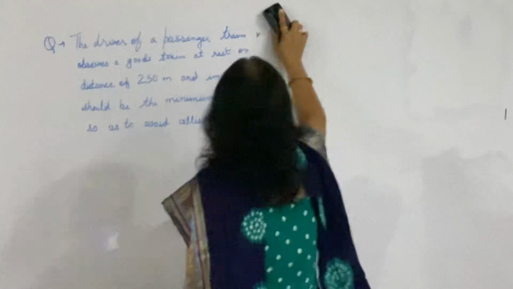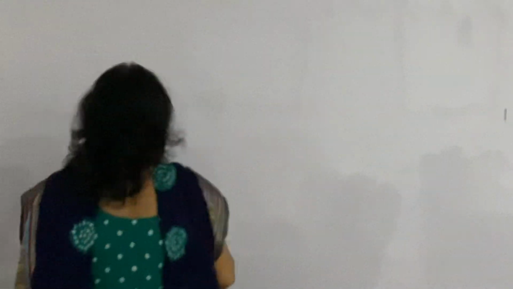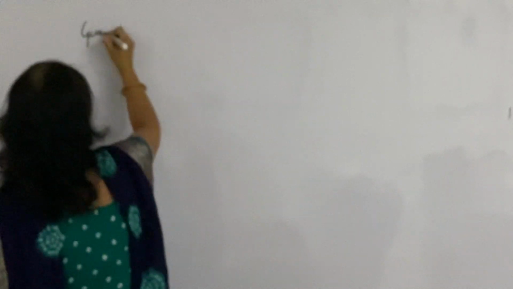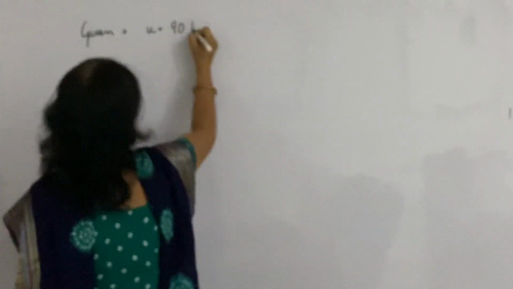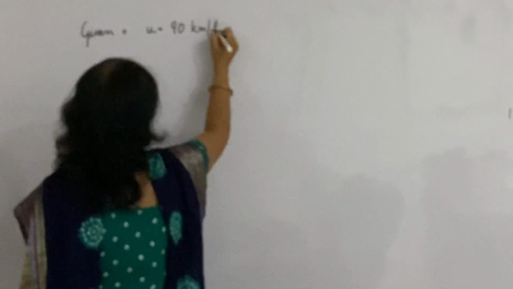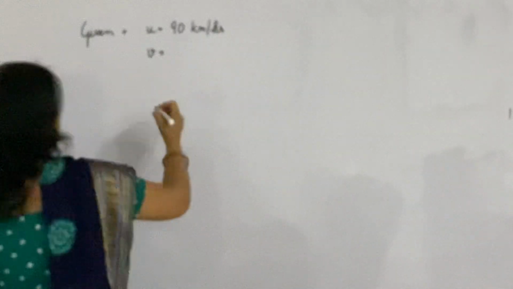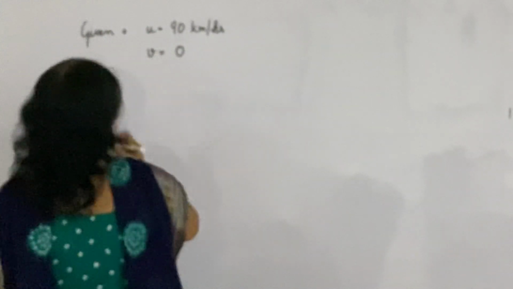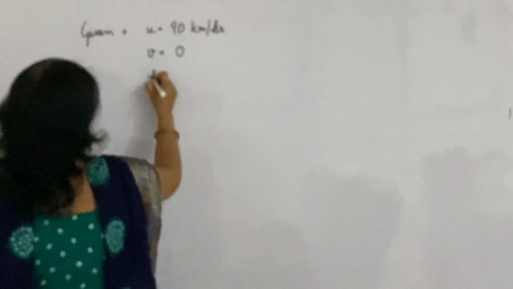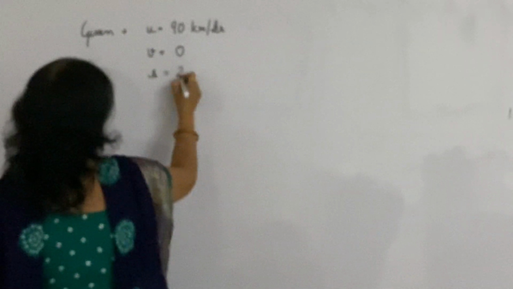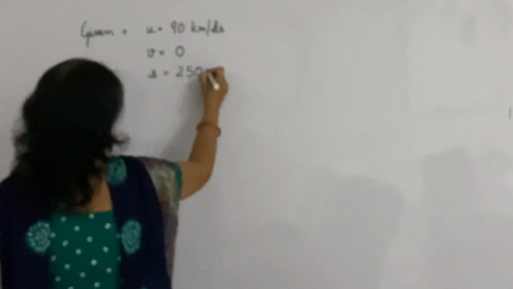The values given are: initially the passenger train is moving with a speed of 90 km per hour. So given is u is equal to 90 km per hour, and after applying the brake the passenger train comes to rest, and the final velocity is 0, and the distance or the displacement, we can say, is given as 250 meter.